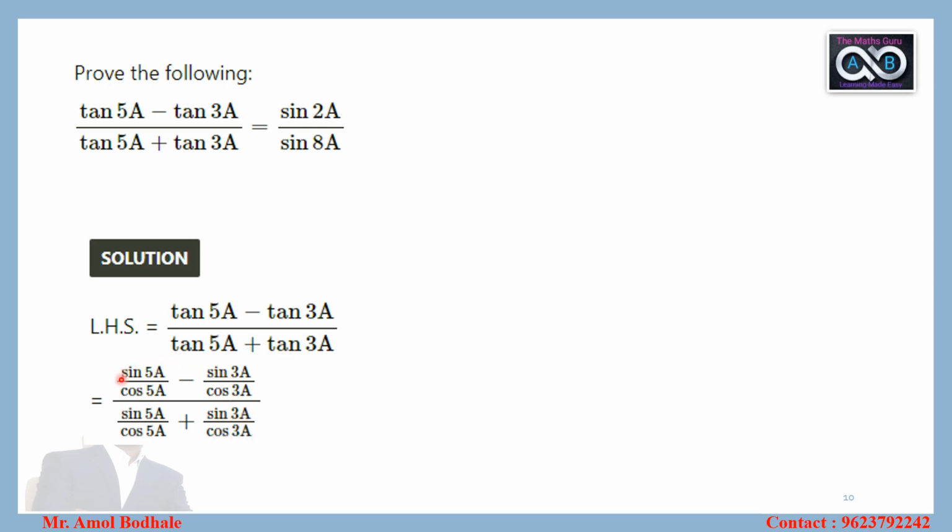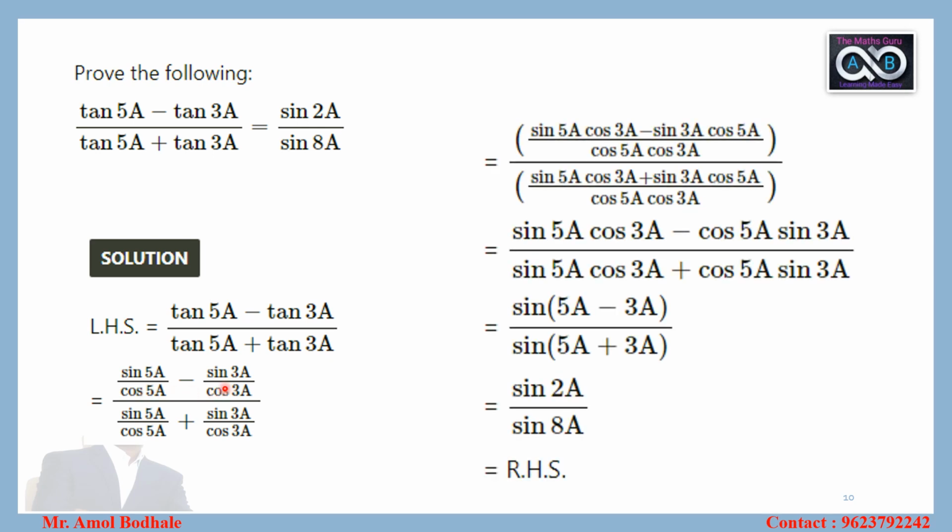Now this numerator we can simplify by taking the cross product, this into this minus this into this upon this into this. Yes, so if we simplify, what do we get? Sin 5a cos 3a minus sin 3a cos 5a upon cos 5a cos 3a, divided by sin 5a cos 3a plus sin 3a cos 5a.